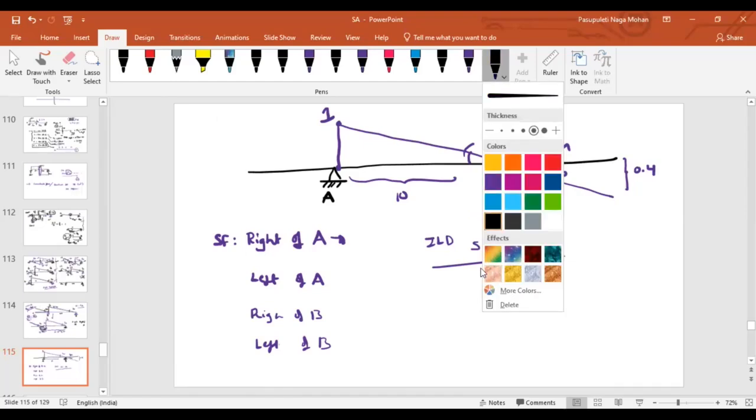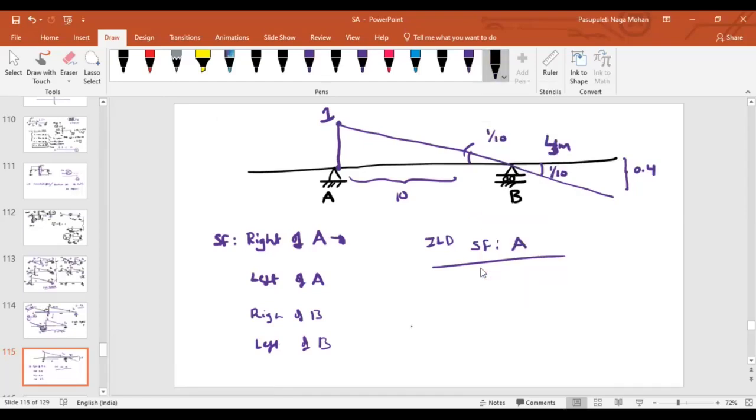Now come to here. As we are drawing the deflected shape by imagination, you imagine and then draw the deflected shape. One point I have told you is that we have to release the force along that particular direction only.